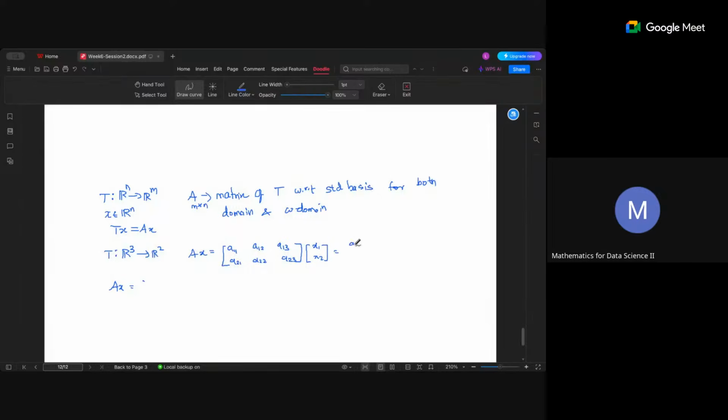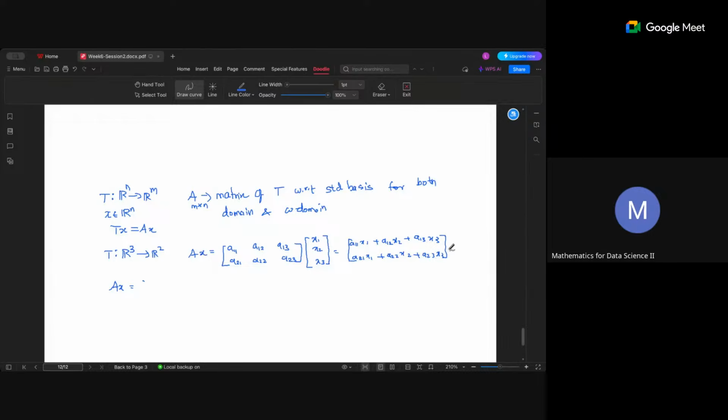So how can we write? A11x1. Oh, sorry. Here it is R3, right? So I need another entry: x1, x2, x3. A11x1 plus A12x2 plus A13x3. And then A21x1 plus A22x2 plus A23x3. Is this fine? I have just done the matrix multiplication.